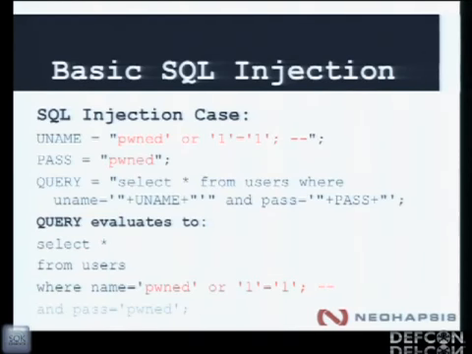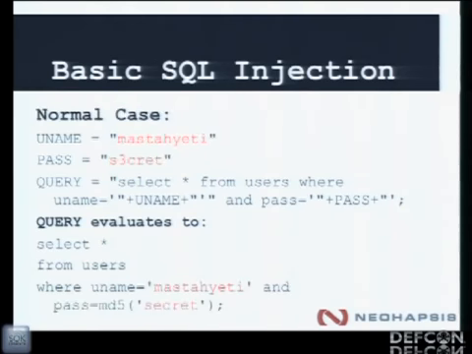We're inserting the value uname, so we can imagine a web request, right? You're passing in parameters and whatnot. So we have the username parameter and the password parameter, and we're going to go ahead and pass in pwned tick or 1 equals 1. There's a typo there. Basically, when you look down at the way the query evaluates, you see that it breaks us out of the way the query looks.